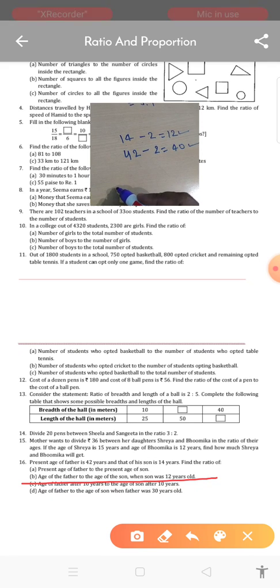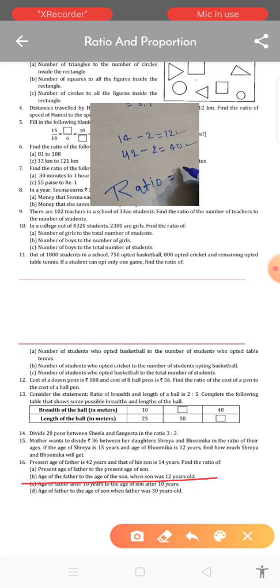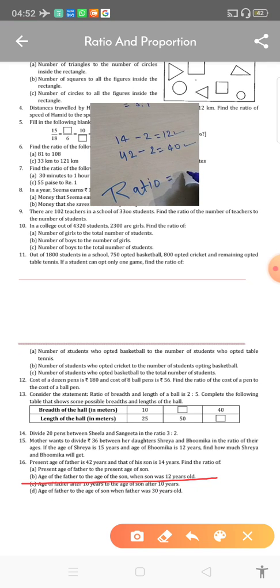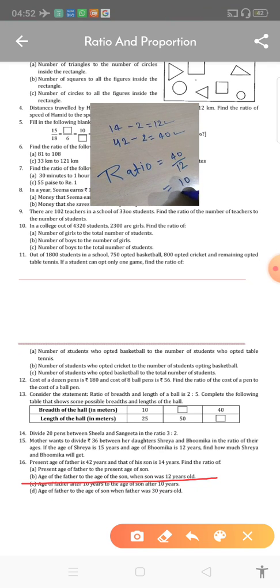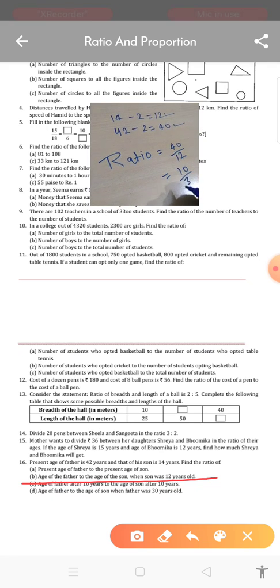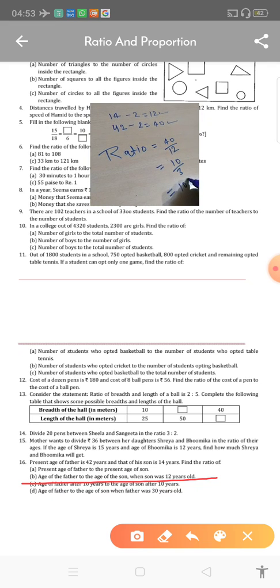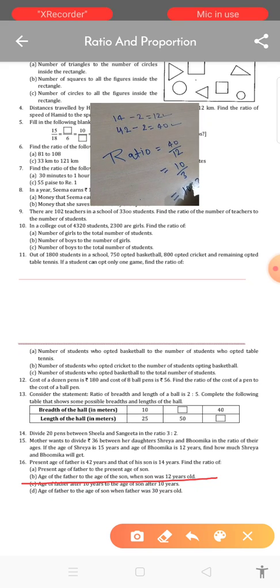So what is the required ratio? The ratio is equal to 40 by 12. Simplify it: if we divide both by 4, we obtain 10 by 3. So the ratio is 10:3.